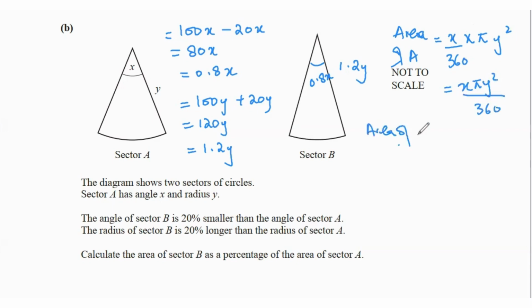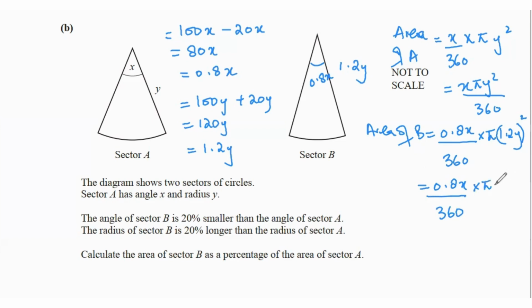Area of B is going to be 0.8x over 360 times pi times 1.2y squared. That's going to give us 0.8x over 360 times pi times 1.44y squared.